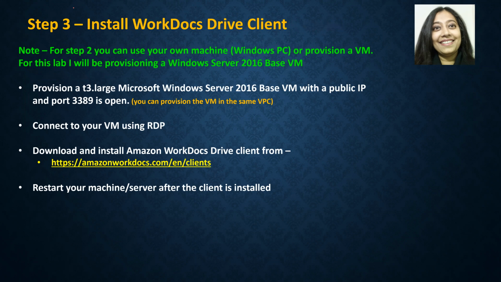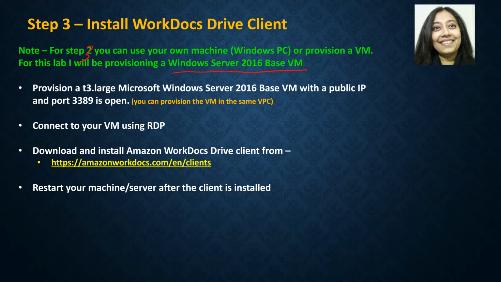Step number 3. Sorry, this should be 3, not 2, but 3. For step 3, you can use either your own machine, that is your PC or your laptop or your desktop, or a Windows server, or you can provision a VM. So for this lab, I am going to provision a Windows Server 2016 base VM.